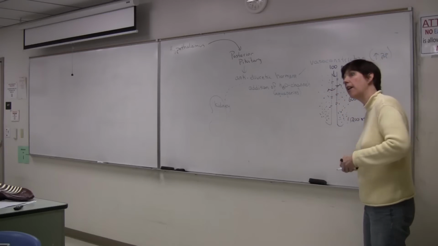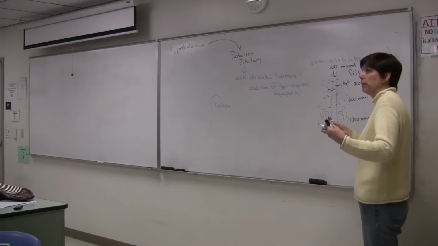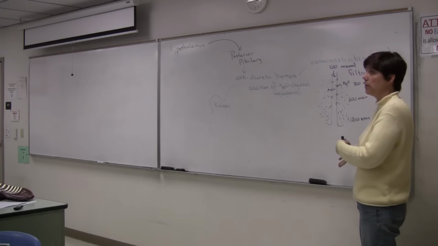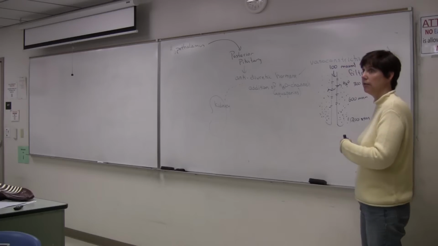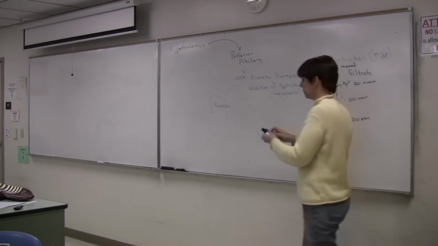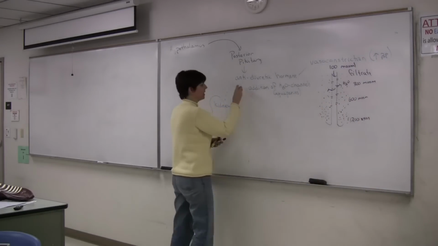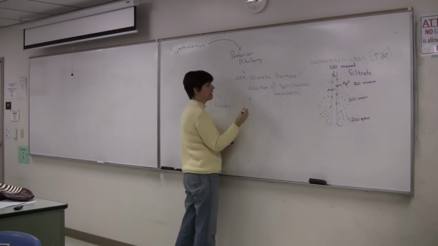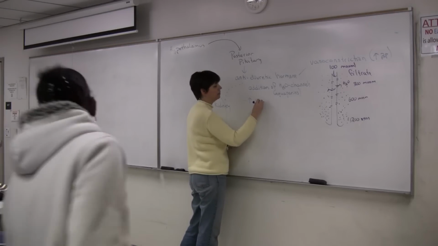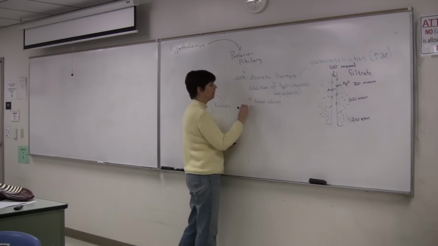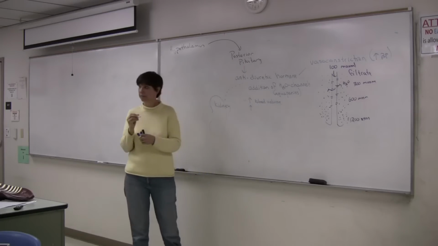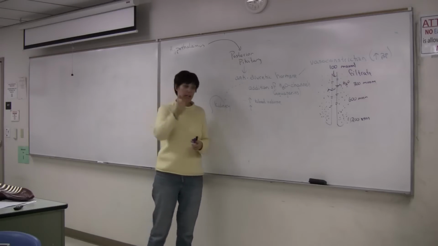Where do you think all that water goes that we're taking out of the filtrate? It's not going into the urine. So when you go to the bathroom now, it's going to be a small amount, very, very dark yellow. Where does that water go? Back into the blood. So a result of this is to increase blood volume. And when we increase blood volume, what do we do to venous return? It increases.